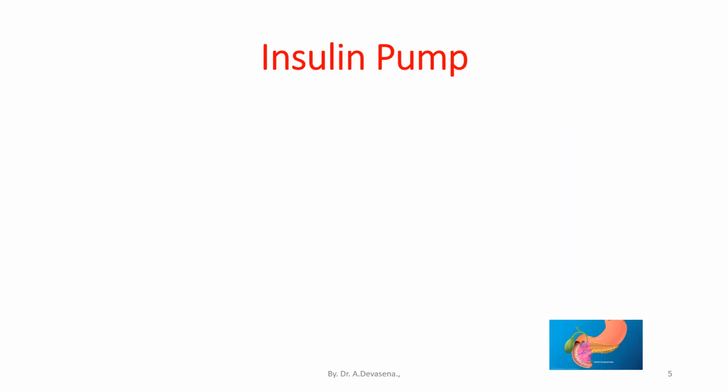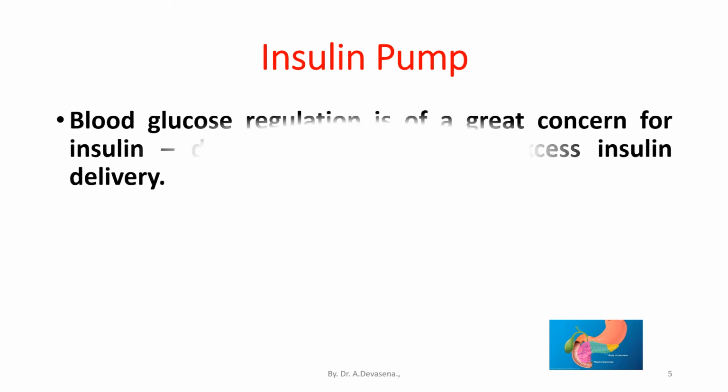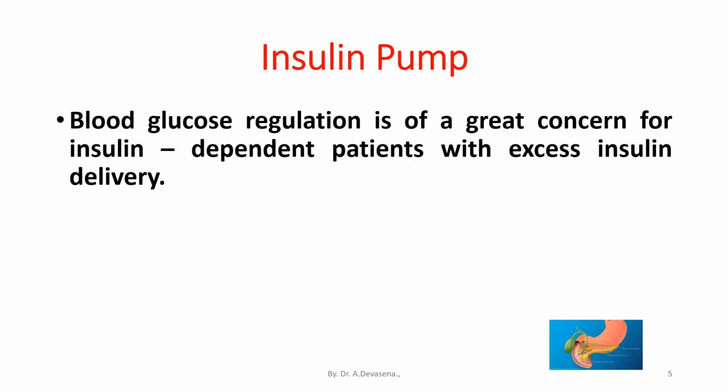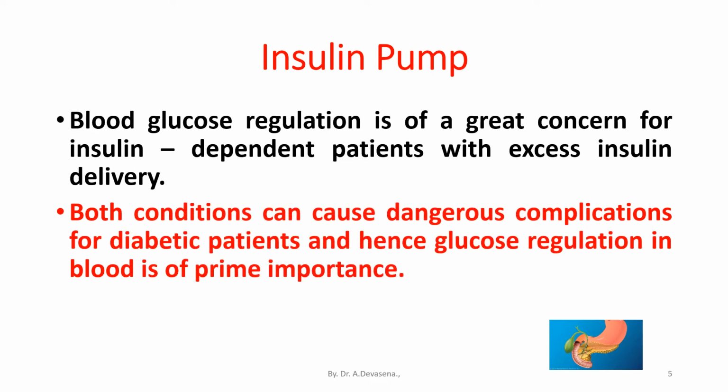Insulin pump. Blood glucose regulation is of great concern for insulin dependent patients, with excess insulin delivery. Both conditions can cause dangerous complications for diabetic patients, and hence glucose regulation in blood is of prime importance.